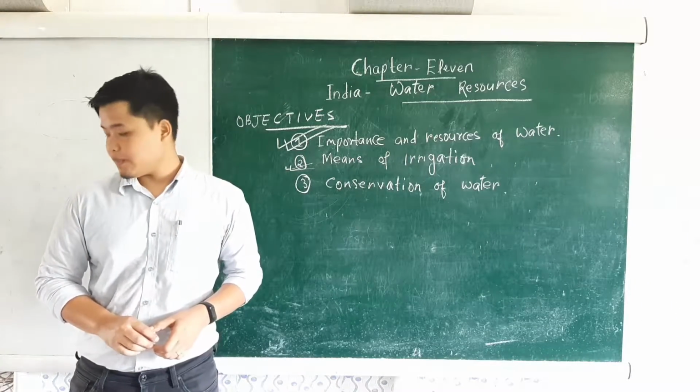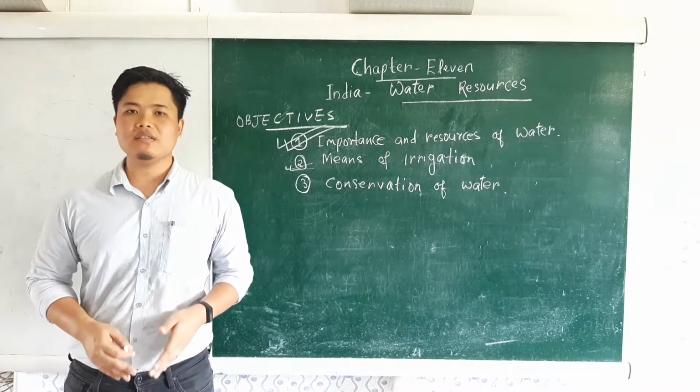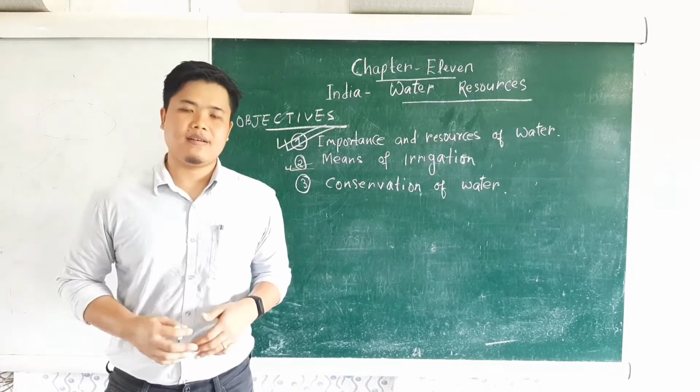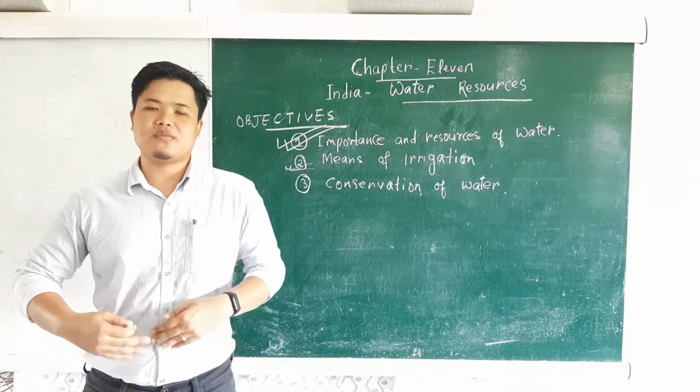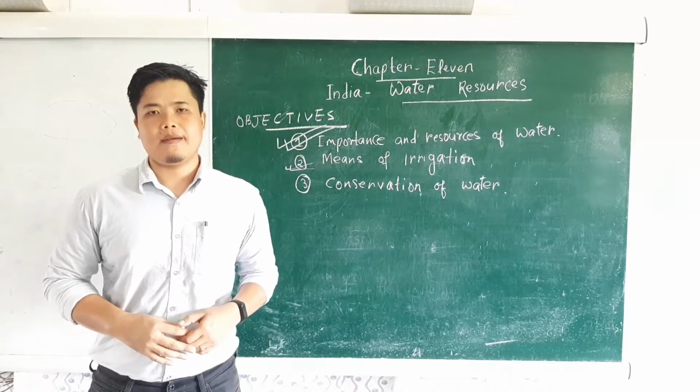Now, page 71, we have wells and tube wells. A well is a small hole dug about 3 to 5 meters deep.